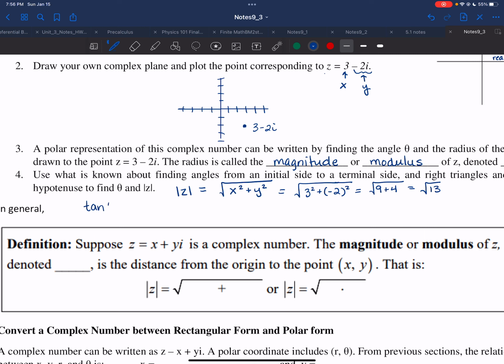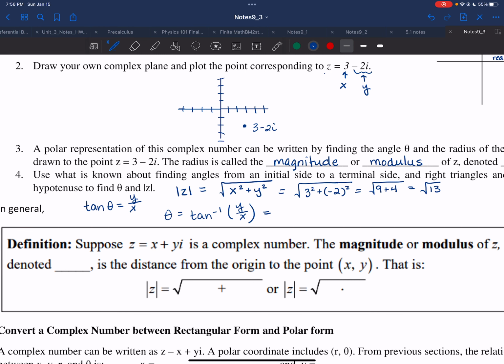So the tangent of the angle is going to equal my y value over my x value. And so in order to eliminate the tangent from that angle, we take the inverse tangent on the other side of y over x. And I happen to have my calculator in radians. So I'm going to go ahead and list it as radians, but you can go ahead and leave it in degrees.